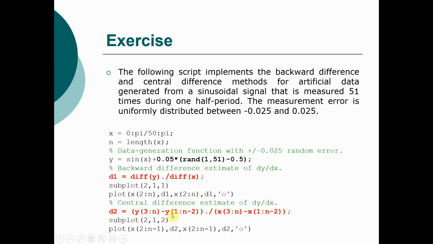You see, we go one step forward and one step backward, and we find the difference. This can go on, from 3 to n and 1 to n minus 2, and the same thing here. So it gives us the central difference estimation of dy over dx for all the points except the first point and the last point.